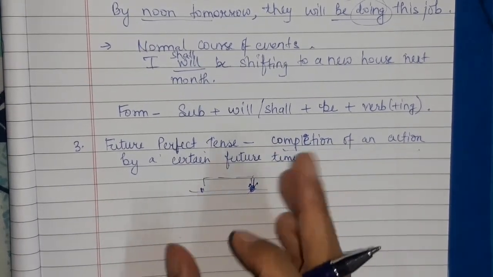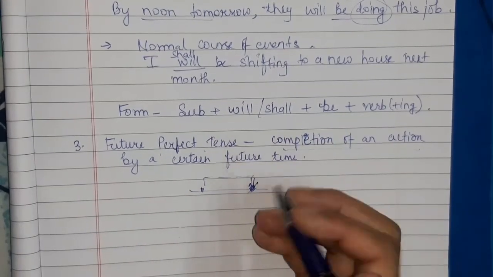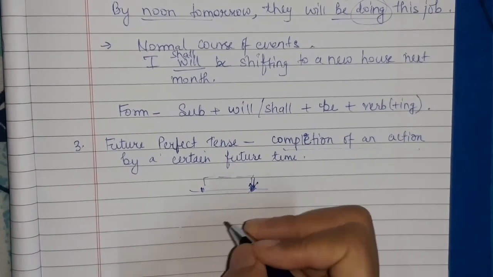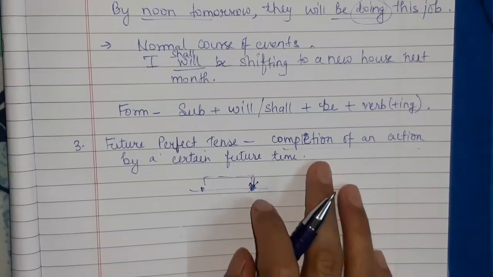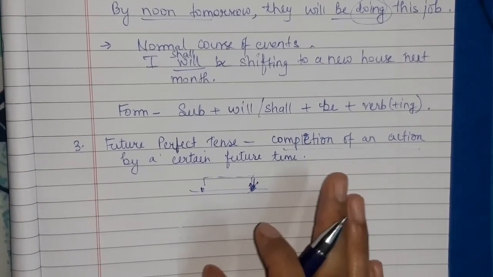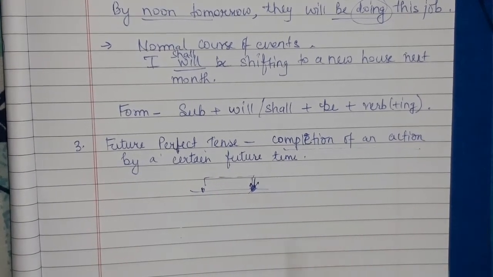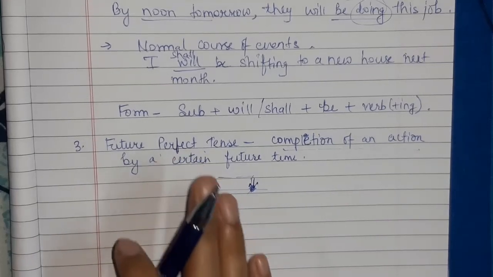So you cannot give a fixed time. You can give a duration or a period of time, but you cannot give a fixed time like 5 o'clock, 6 o'clock. Fixation of time is not necessary to include, but you can write completion of an action by a certain future time. That is all about future perfect tense.